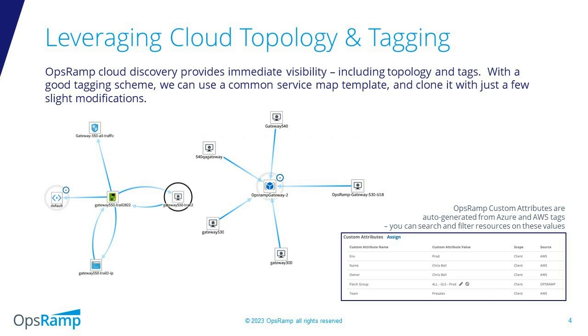So we put the pieces together now. We have service maps, and we would like to be able to leverage our tagging in order to dynamically build out many service maps based on some consistency and some convention in how our applications are composed and how we're tagging our resources in the cloud.